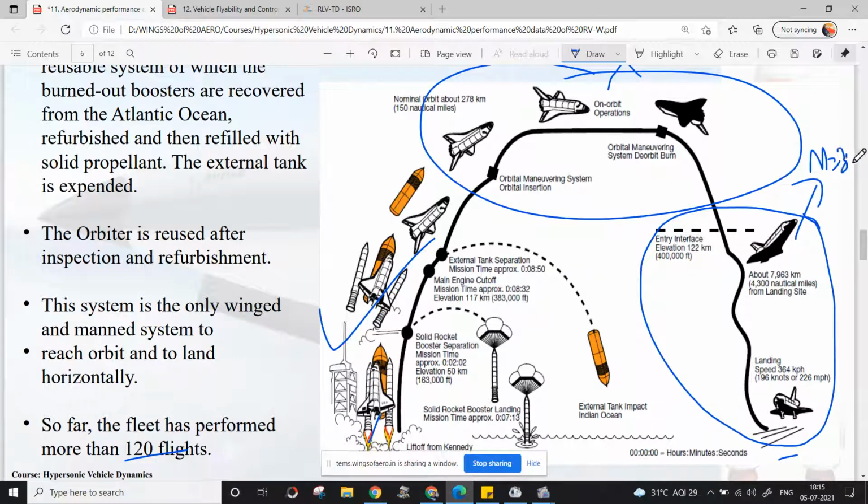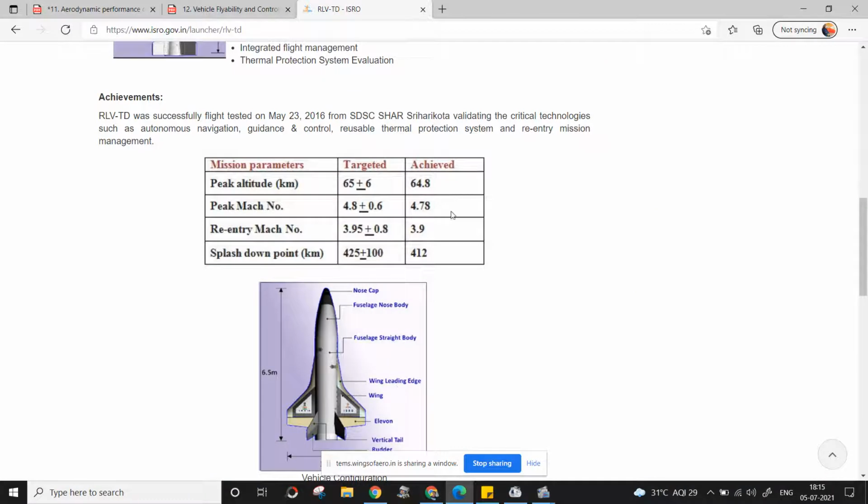Mach 30 means near about 8 kilometers per second. ISRO's RLV attained only 4.78, the peak Mach number, and that is also while re-entering. When they perform the re-entry, the Mach number is 3.9.